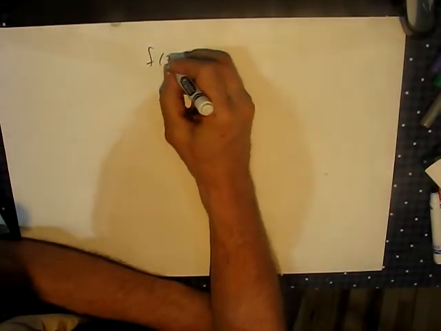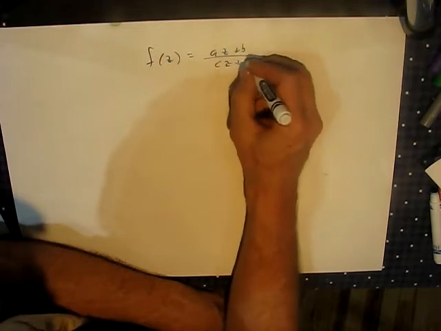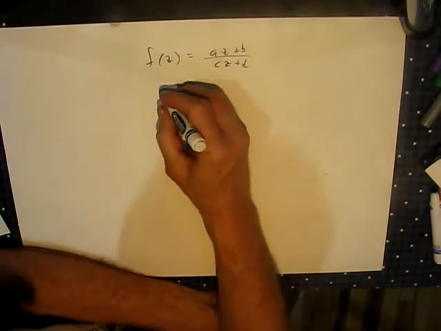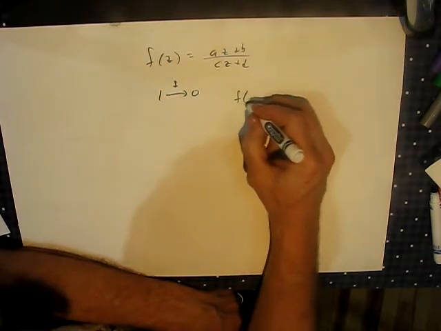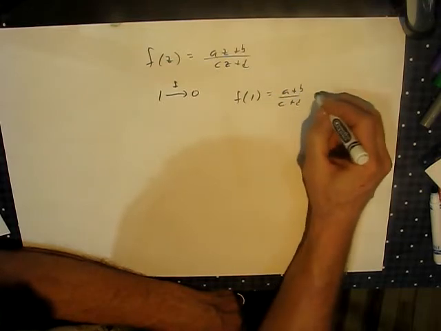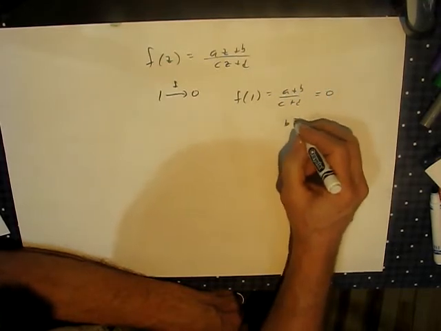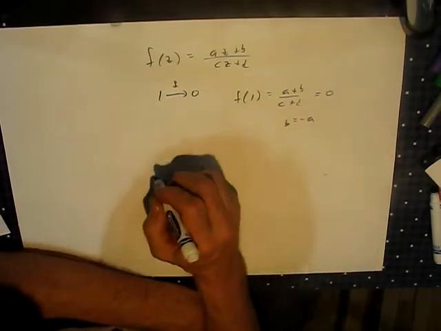So let's begin with f of z is a Möbius function. And we're going to let 1 by f be mapped to 0. So that means f of 1, which is (a plus b) over (c plus d), is equal to 0, which means b is going to be equal to minus a.